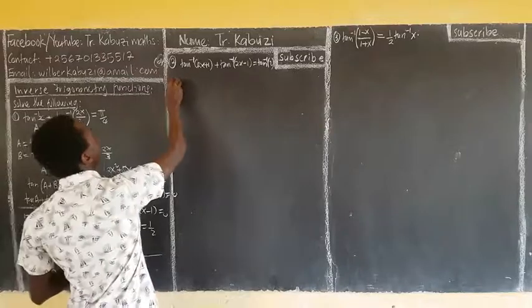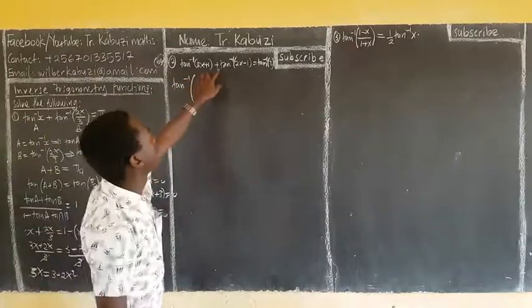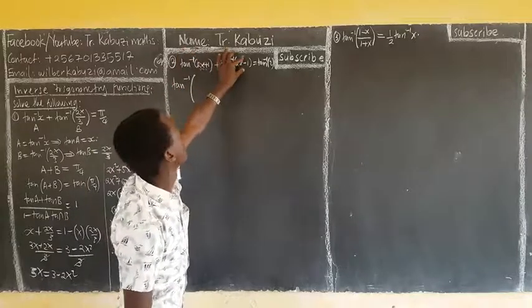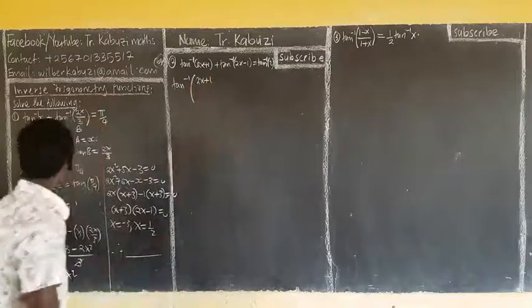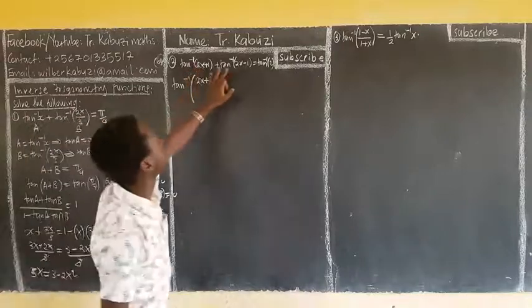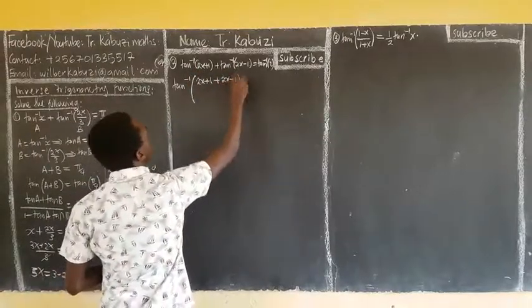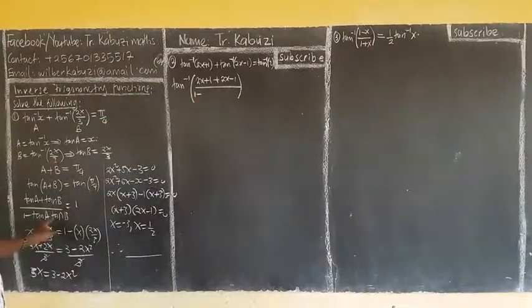You can say this is the same as tan inverse of, because it was positive, we add now the angles. So we shall be adding now 2x plus 1. It's like I'm substituting here, but this side I'm adding only the angle. So I add this plus this, the whole over 1 minus, you multiply the 2.